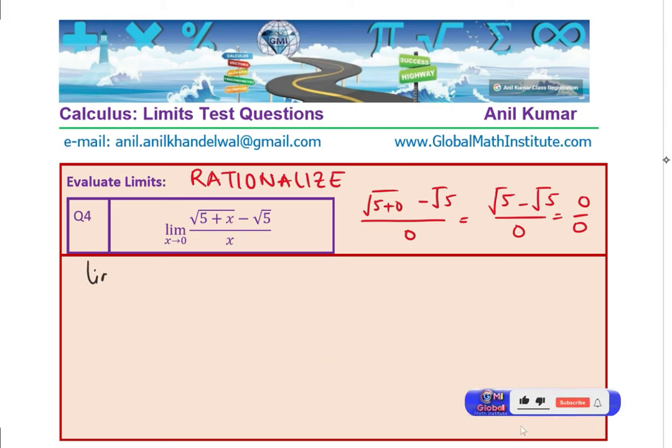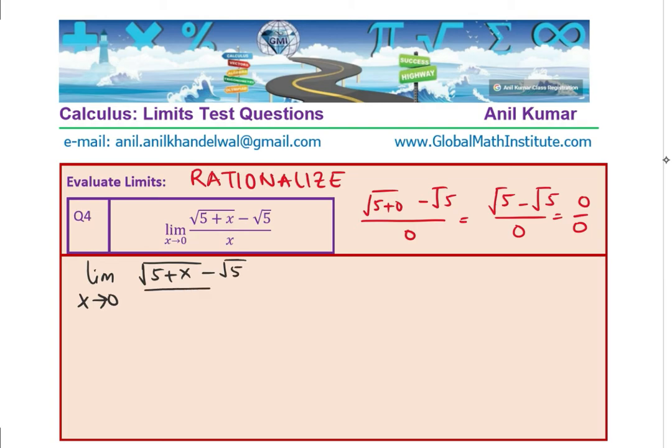So we have limit x approaches 0, square root of 5 plus x minus square root of 5 over x. Now, rationalization really means multiply by the conjugate and also divide by the same term. It means multiplying by 1, right? So let's do it. So we have conjugate of minus is plus, and therefore we are going to multiply and divide by square root of 5 plus x plus square root of 5.